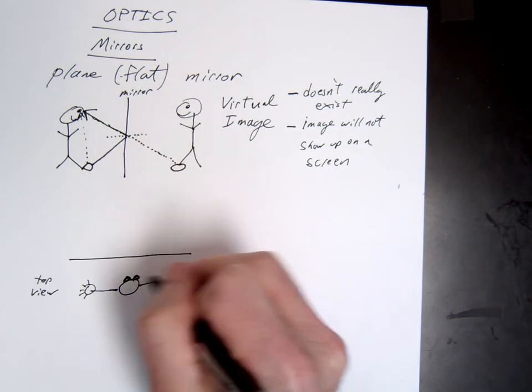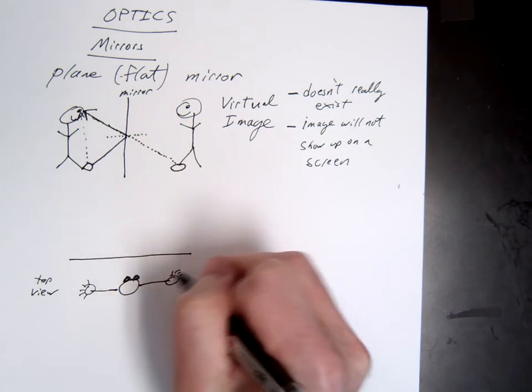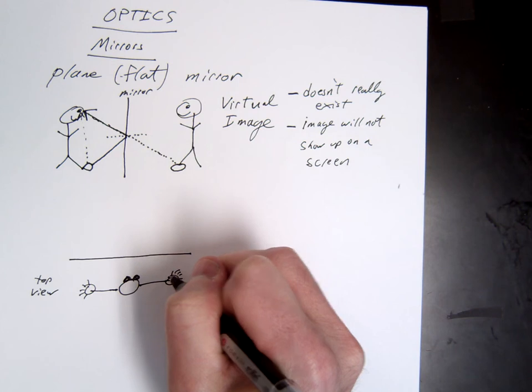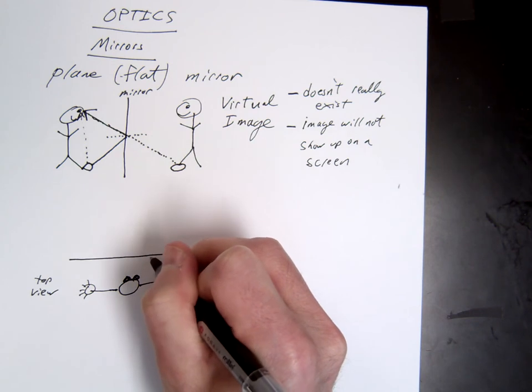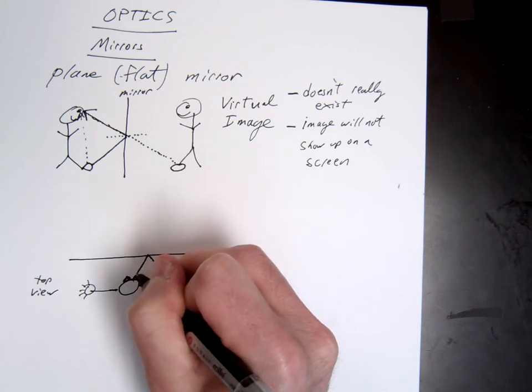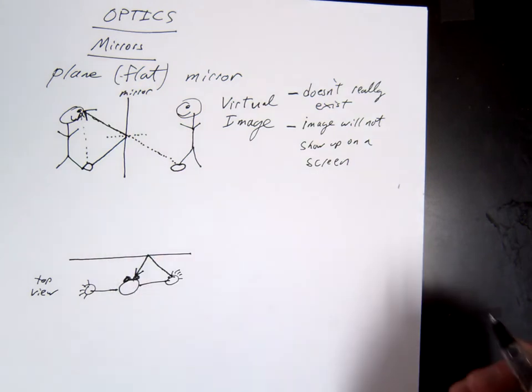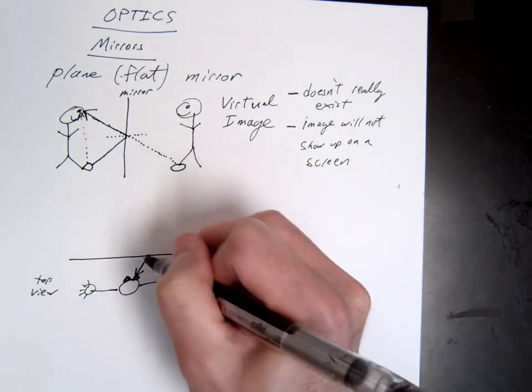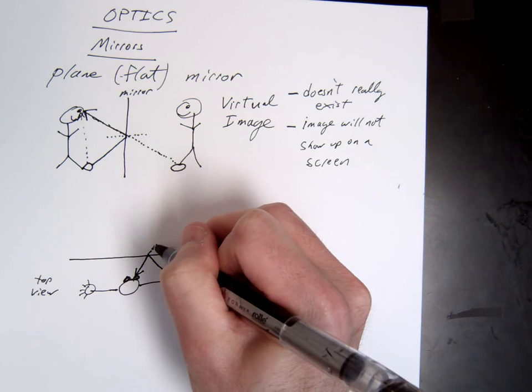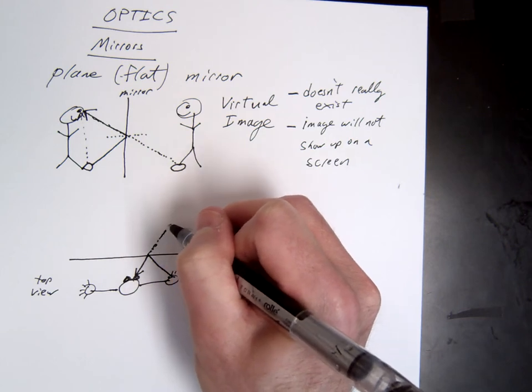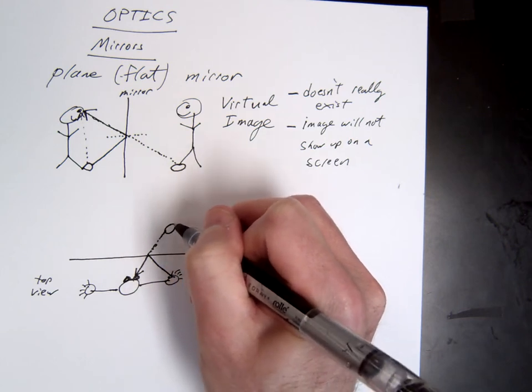So let's look at the reason why. Here's my right hand here. If I want to look at my right hand, I would look at the light reflected off the mirror into my eyes. But according to my eyes, light travels in a straight line back here, right? And so here would be the hand that I see.